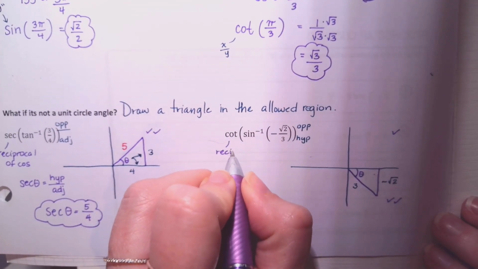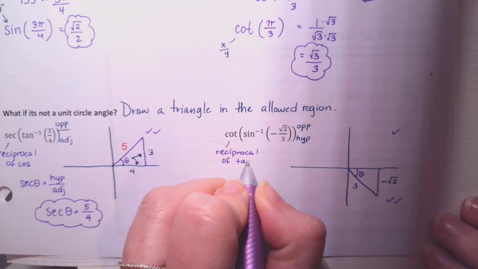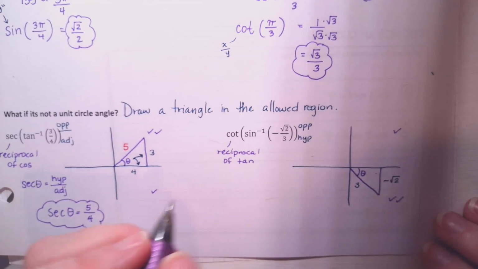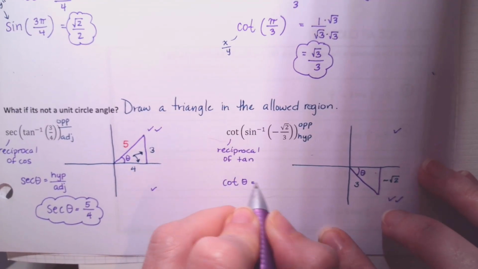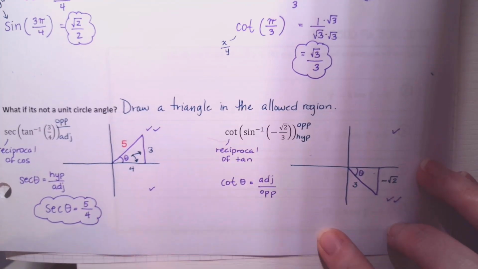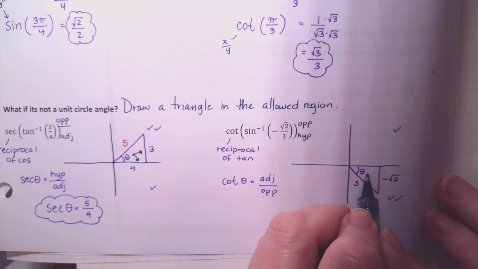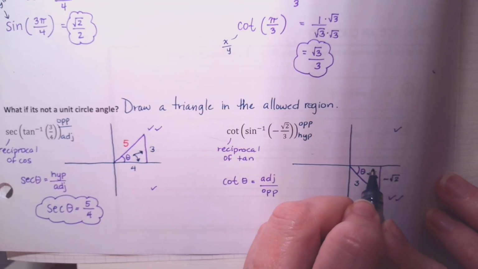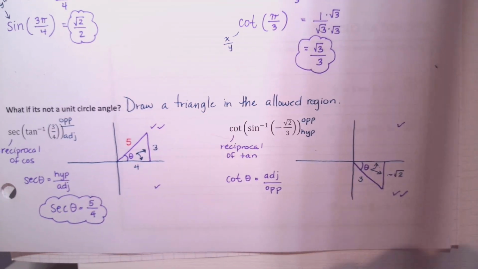And tangent is opposite over adjacent, which means cotangent of the angle would be the adjacent over the opposite side of the angle. So if we look at what we have, we have the opposite side, but we don't have the adjacent side. So we will need to find the adjacent side first.